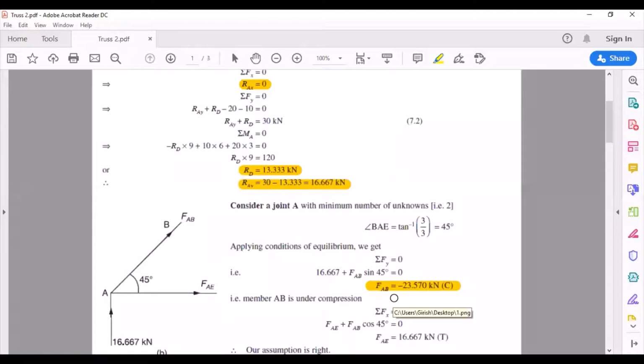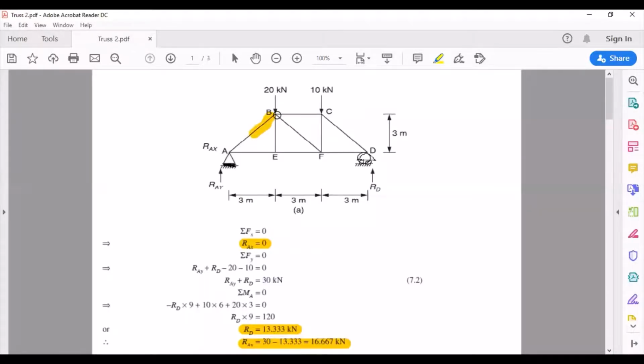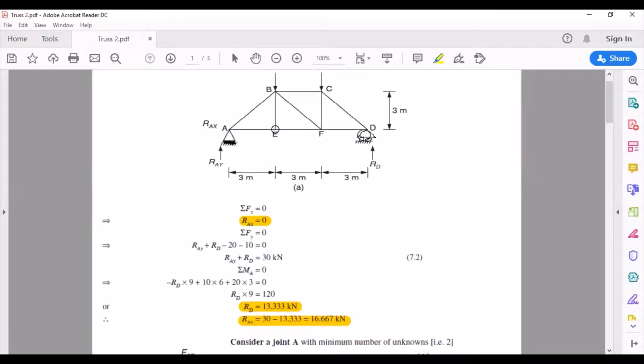FAB or FBA, one and the same. So BE, BF, BC are unknown. The total number of unknowns in this joint is 3. Thereby I cannot take that joint, because the condition is that I am supposed to take only two unknowns. So I'll go to E.